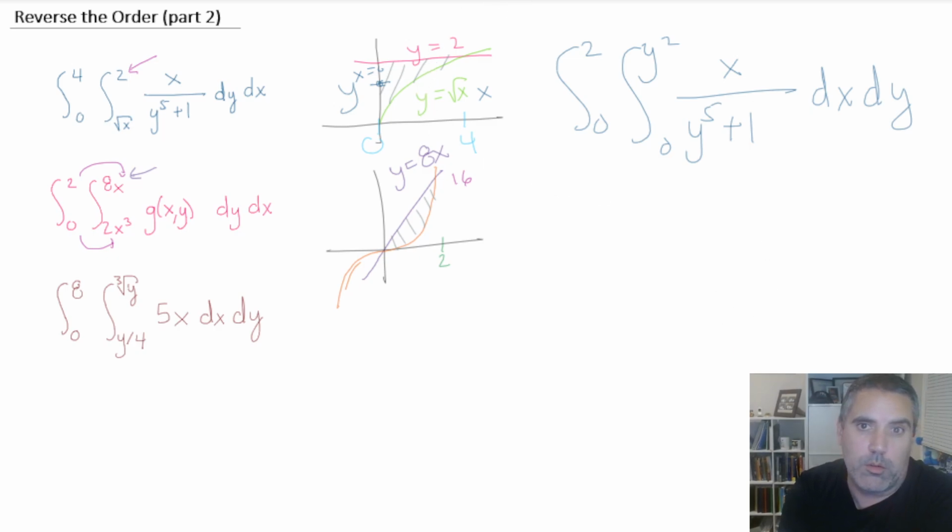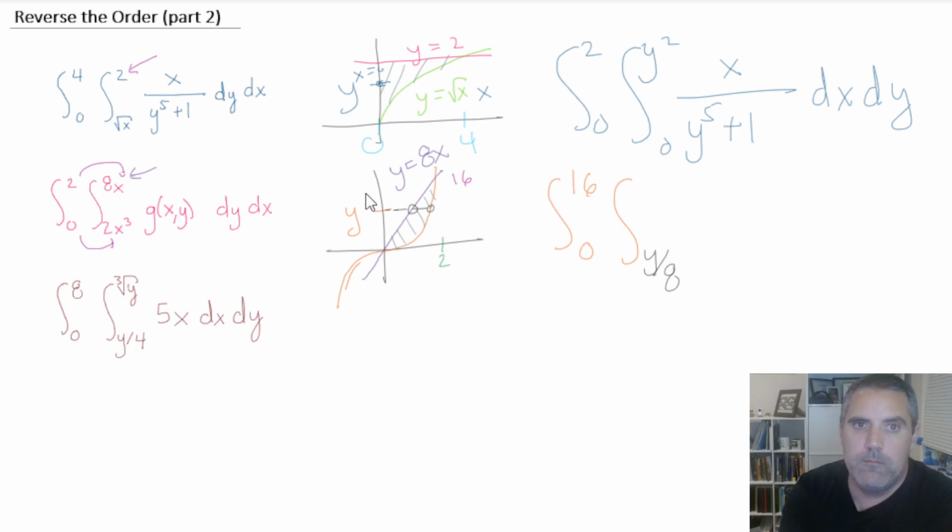All right, now I'm ready to reverse the order. Let's do it in terms of y. So I'm going to label this y. Y can be anything from 0 to 16. And now the rest of the problem involves me figuring out what is on the left and on the right. On the left was that line. The line was y equals 8x, but I want it to be in terms of y, so it's going to be y over 8.